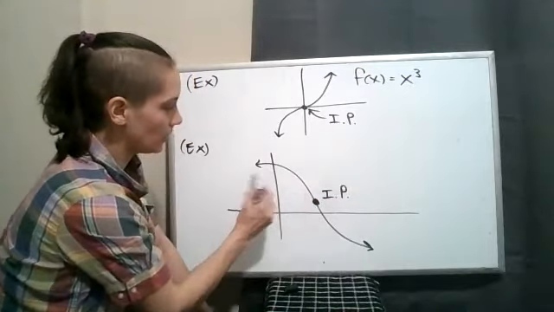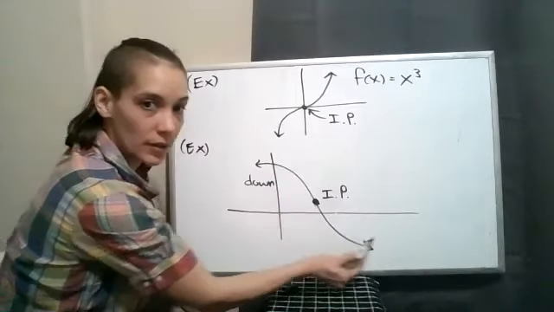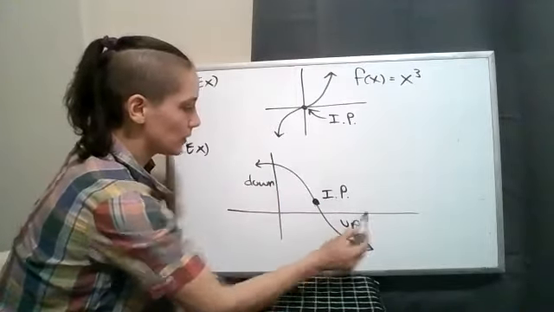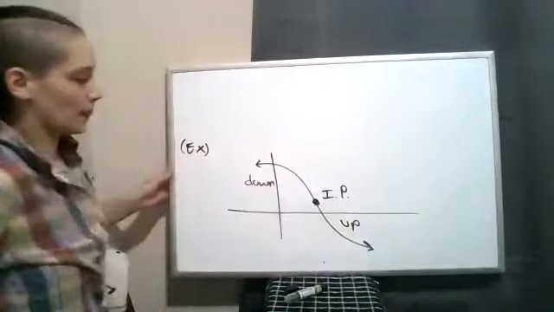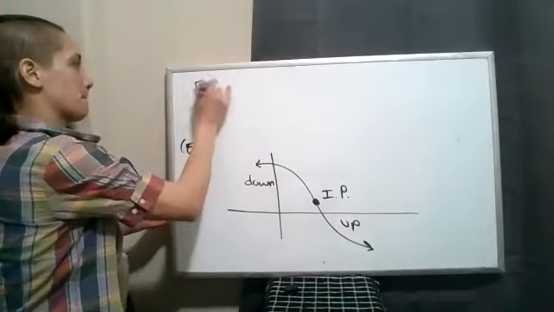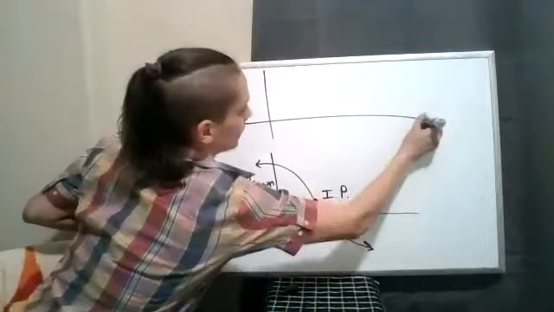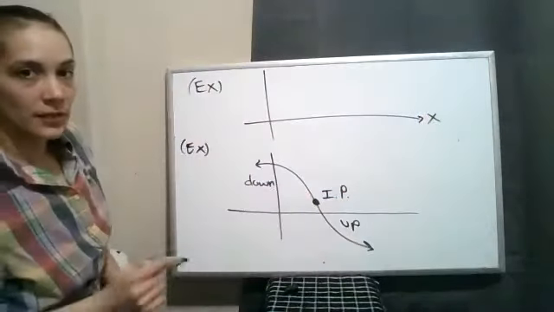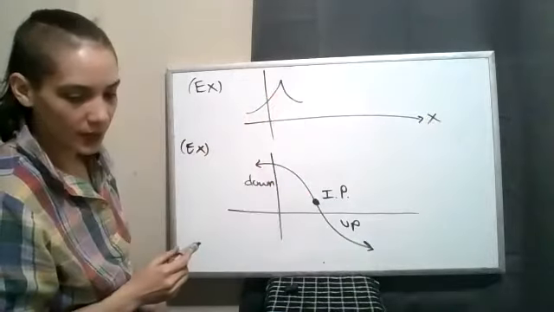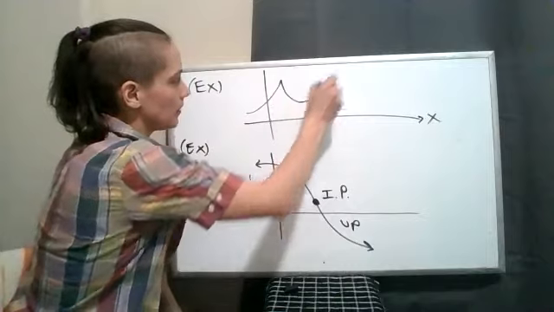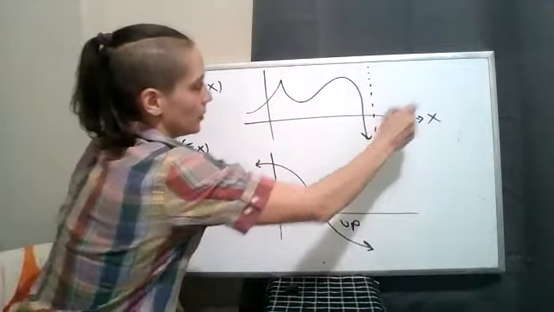That's concave down until the inflection point, and then we go to concave up. This function will have a peak, and then come up and down and over.